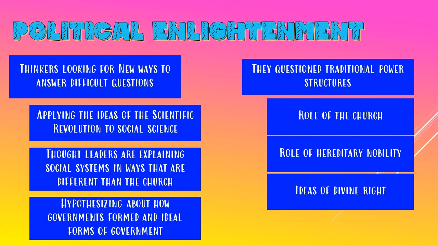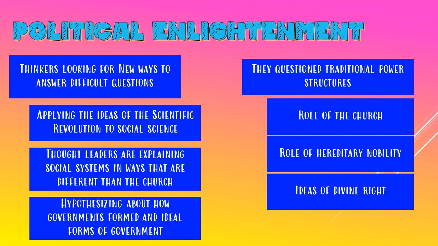This is a time period in Europe where we've got thinkers that are trying to come up with new answers to questions. They're using the developments of the scientific revolution and applying those to social situations or political situations in this case. Everything before the Enlightenment, when we didn't have an answer to a question, the only source of information was the church.